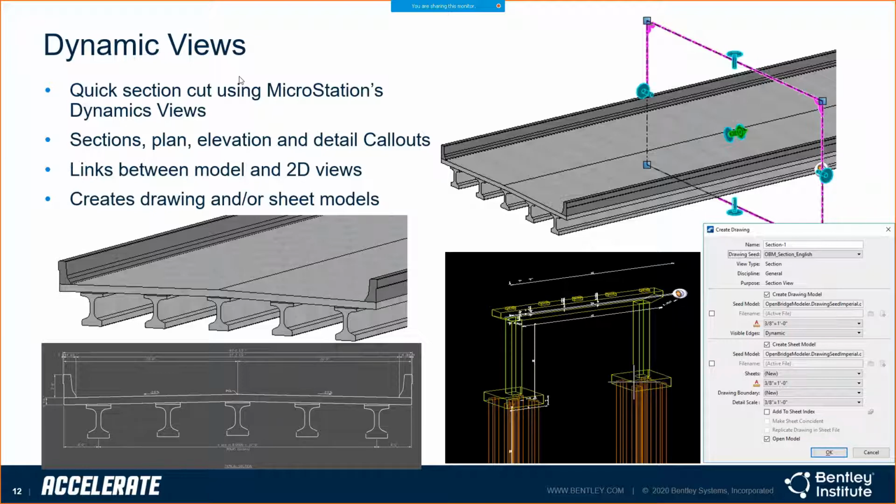It's baked into a lot of the other tools, but in its simplest form it allows us to slice and dice these MicroStation solids and represent them in a 2D way. It gives us links between the 3D model and the 2D drawing, and allows you to go back and forth. There are also special callout tools that essentially do dynamic views for you: section callout, plan, elevation, detail, and so forth.